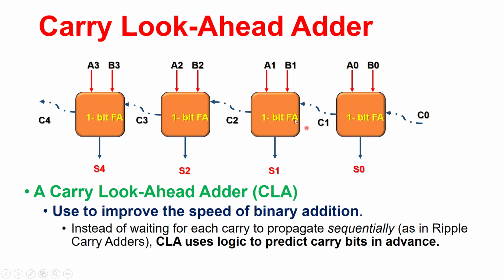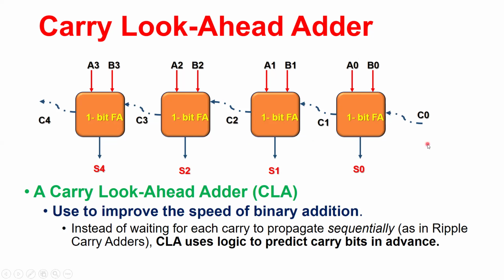Instead of doing series addition, we'll see how we can do parallel additions where carries are calculated in advance and sums are available in parallel. So instead of waiting for each carry to propagate, we will not do that. We will use the CLA logic to predict and calculate the carry bits in advance.